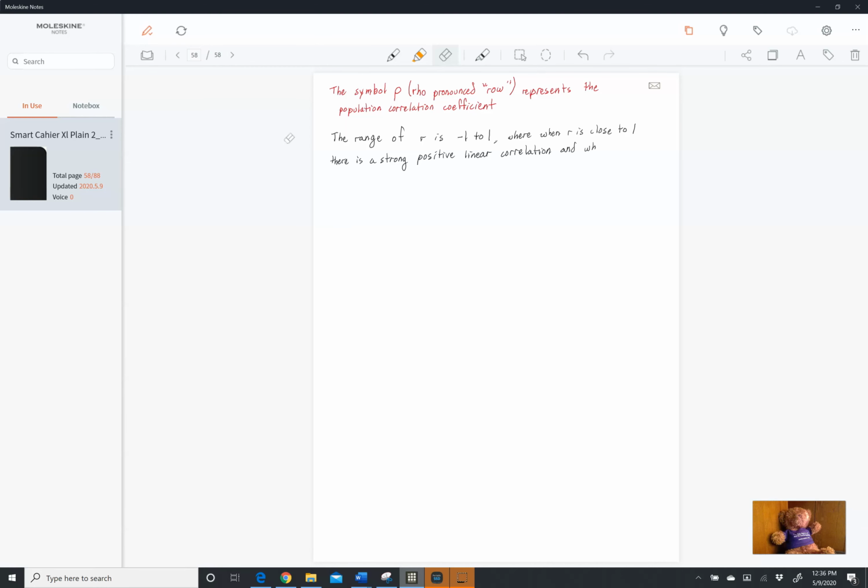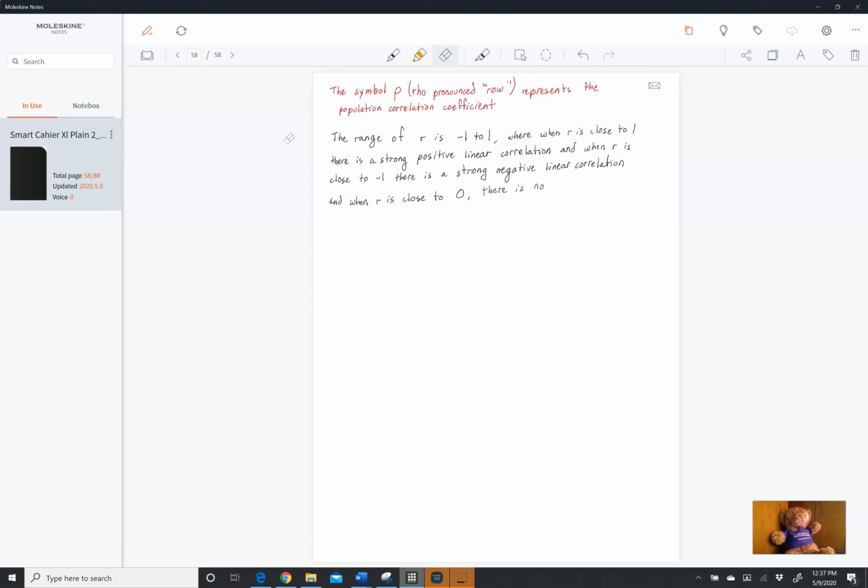And when R is close to -1, there is a strong negative correlation. Kind of makes sense. And when R is close to 0, there is no correlation.